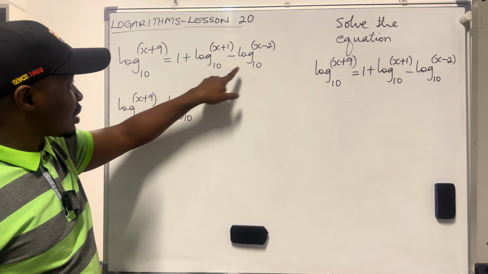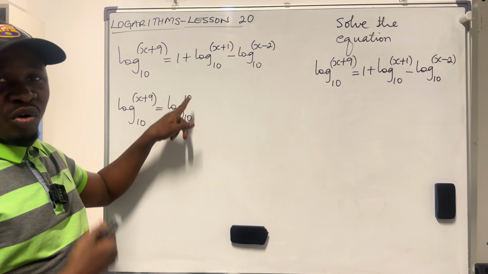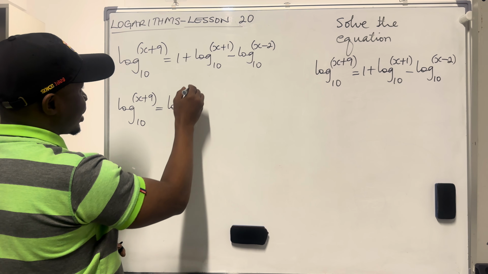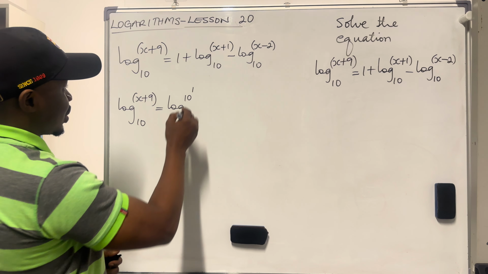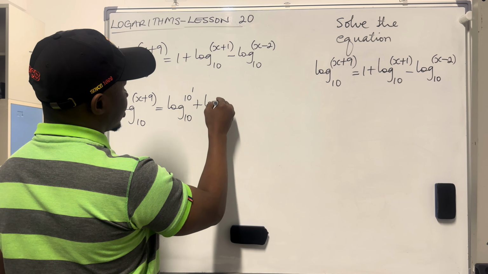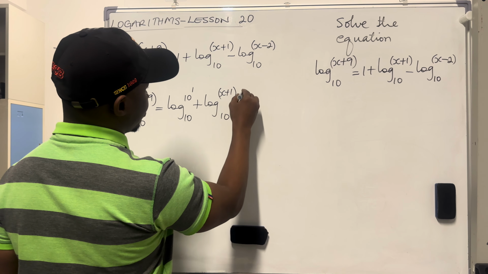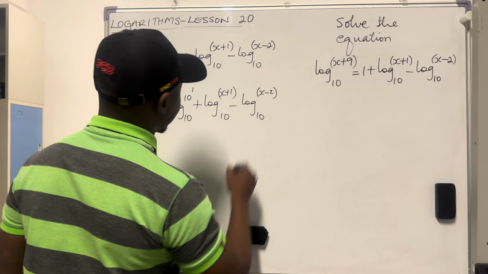If the base is 5 or 3, you say log 3 base 3 or log 5 base 5. And the particular value that we have there is serving as the power. So this is plus log(x + 1) base 10 minus log(x - 2) base 10.